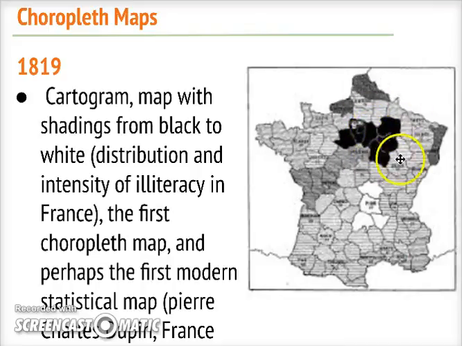The black will be the most literate people, and the white will be the lowest, people who cannot read. It is very important because it is the first choropleth map and perhaps the first modern statistical map.